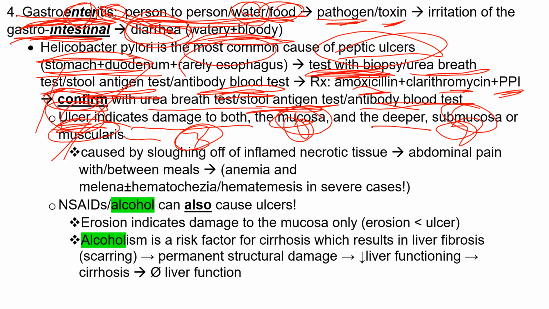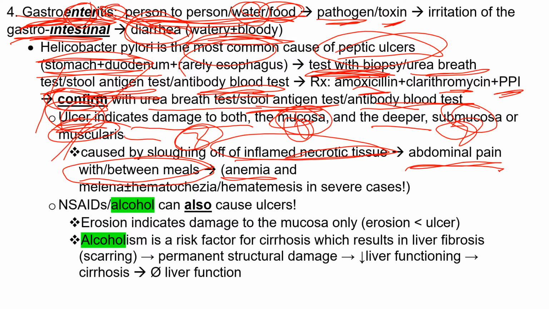So sloughing off of inflamed necrotic tissue, the dead mucosa, dead submucosa, etc., causes obviously abdominal pain because now nerves are exposed to acid. So there is either pain with meals or between meals.